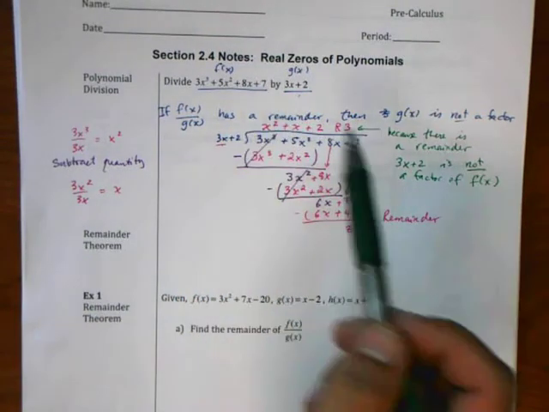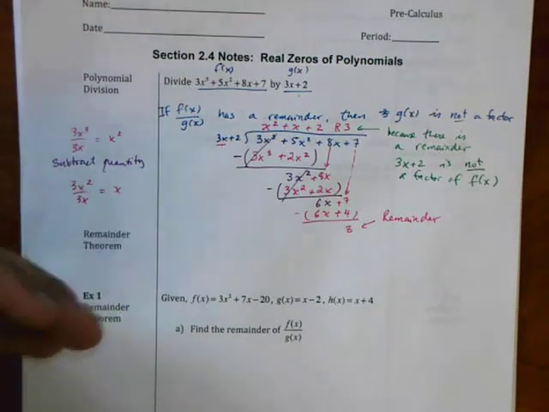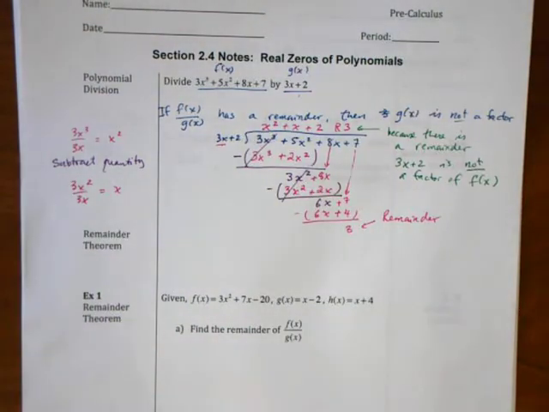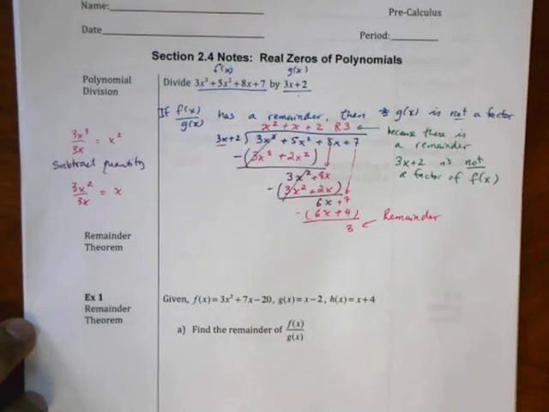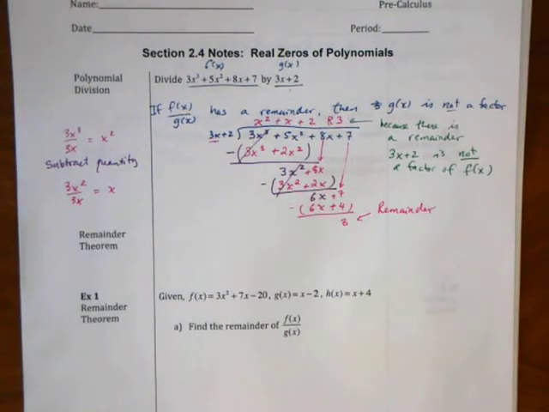Is it a factor? If it's not a factor, we can't really go much further. And you can see here, it's a bit of a pain to do this long division. So you can kind of see ahead that we're going to get to what's called the remainder theorem. The remainder theorem is a special case that will help us determine if there's a remainder faster. So I'm going to end this video here, and we're going to pick up in the next video starting with the remainder theorem.